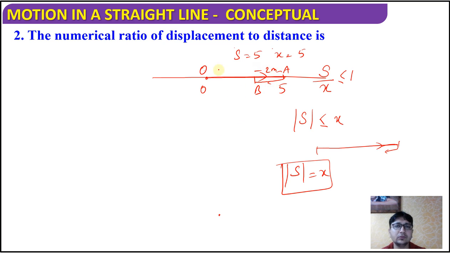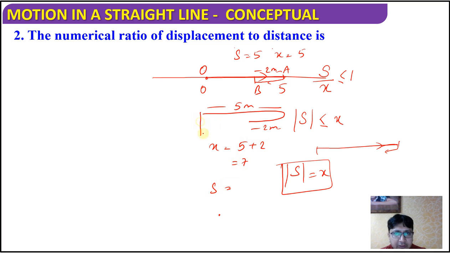So this was 5 and again it was 2, meaning it has moved in the opposite direction by 2 meter. So distance becomes 5 plus 2, that is 7, while displacement will be initial to final, that is only 3. So as long as the body was moving in the same direction, distance and displacement are both the same. When it changes direction, distance and displacement become different.